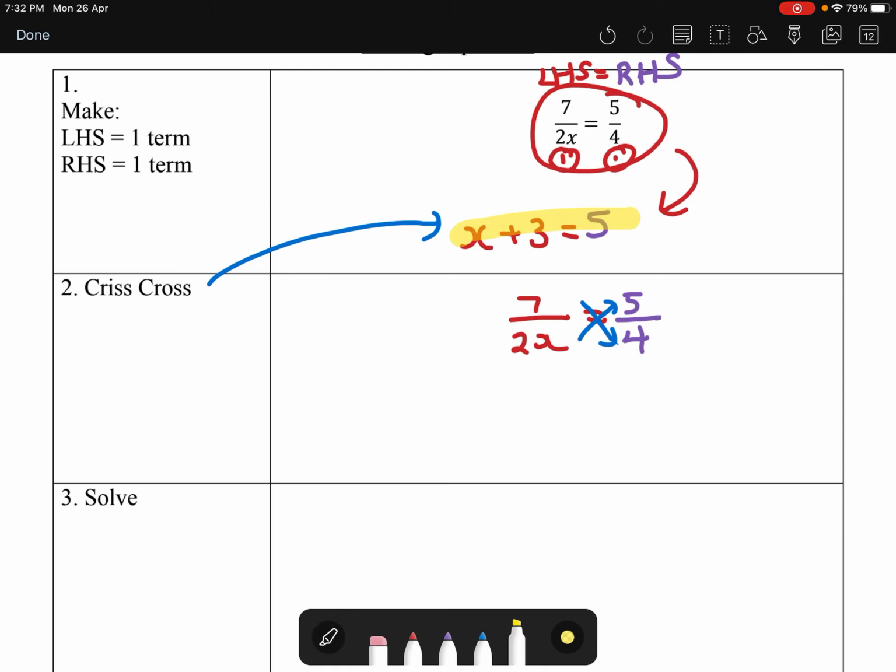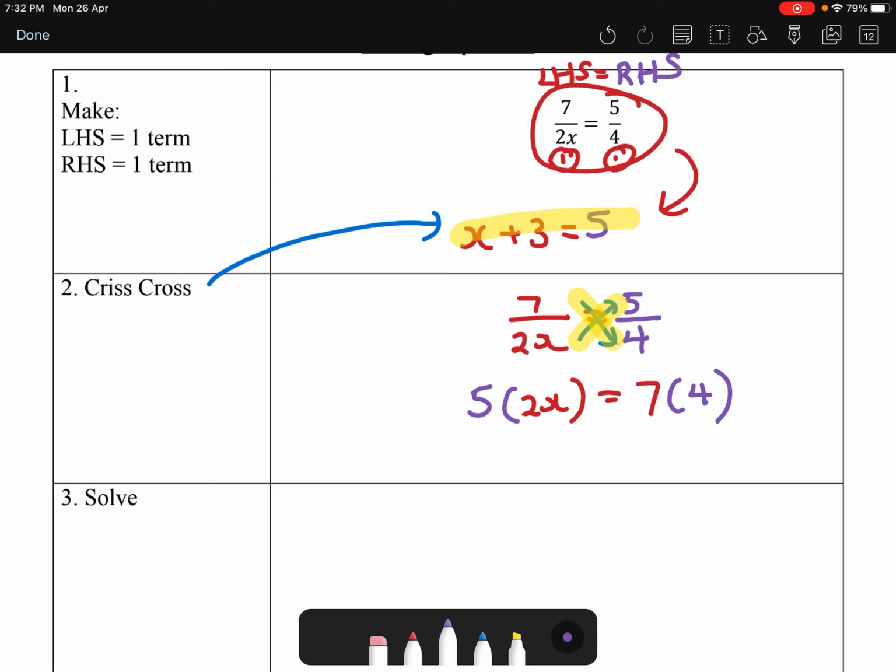Every arrow represents multiplication. So this is 2x times 5, which I write as 5 bracket 2x, and equal to 7 multiplied by 4, 7 bracket 4.